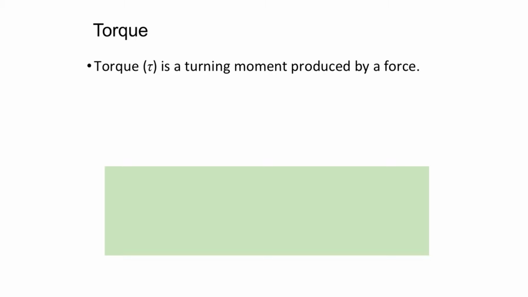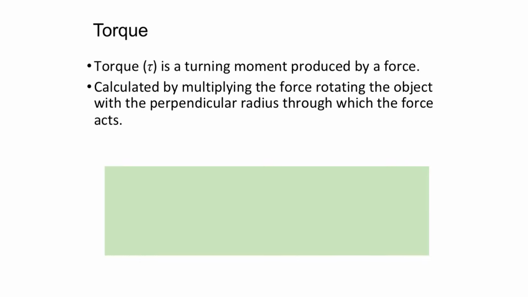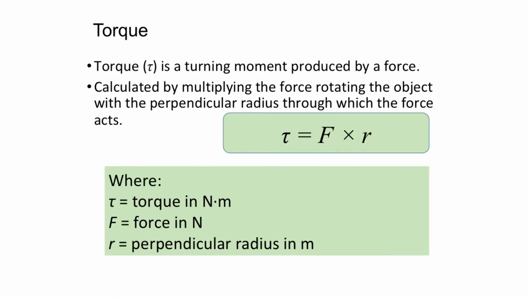Then now I want us to look at the torque. We say torque is the turning moment produced by a force. It is calculated by multiplying the force rotating the object by the perpendicular radius through which the force acts, so T is for torque, F is for force, multiplied by R, the radius.